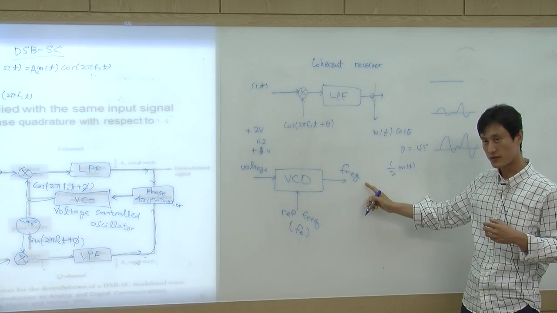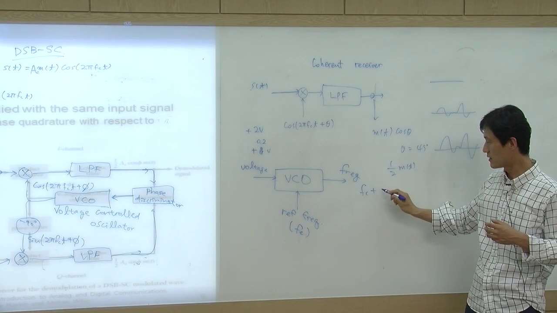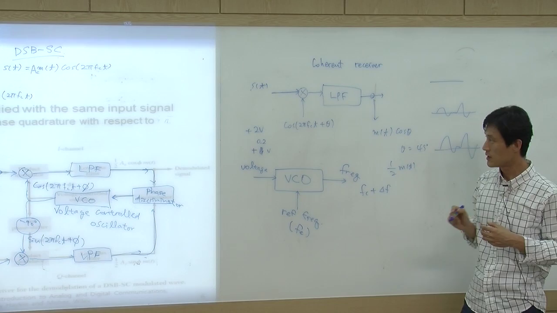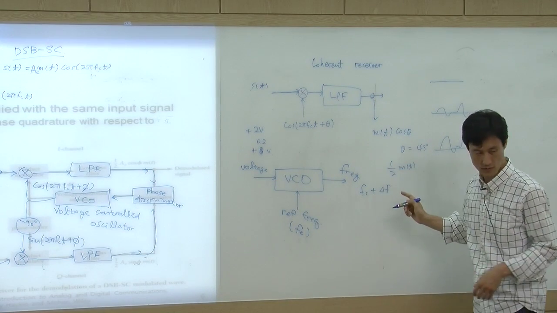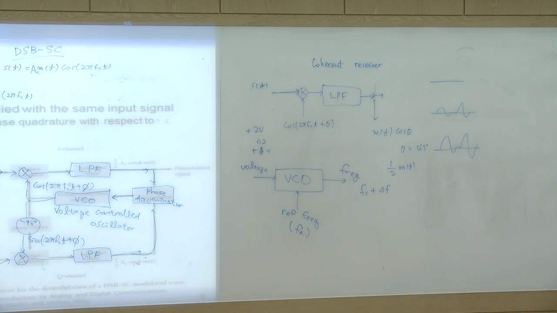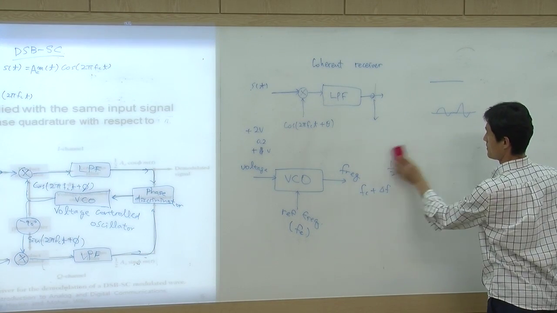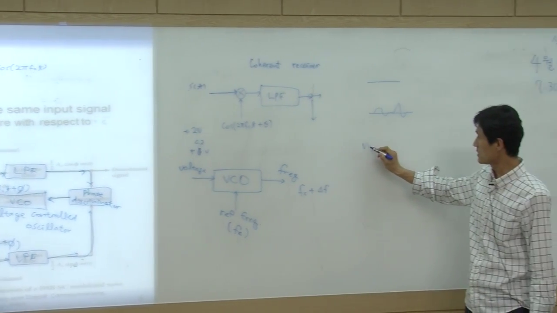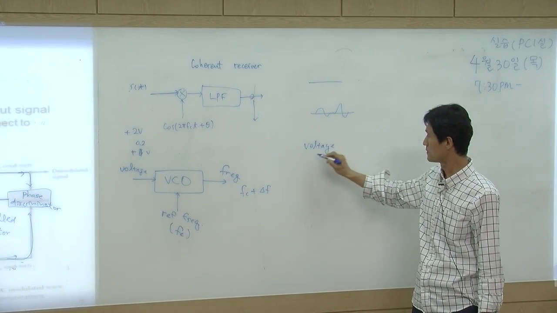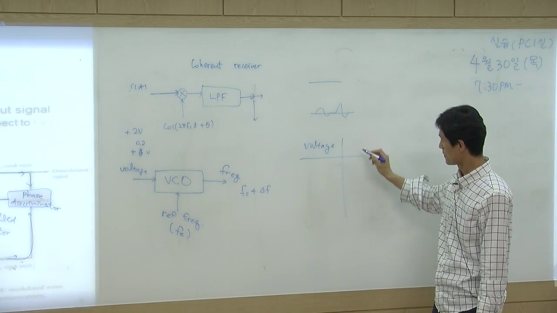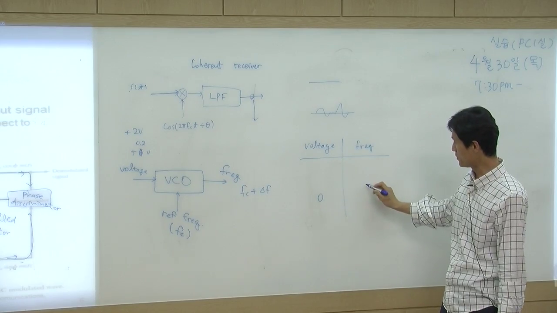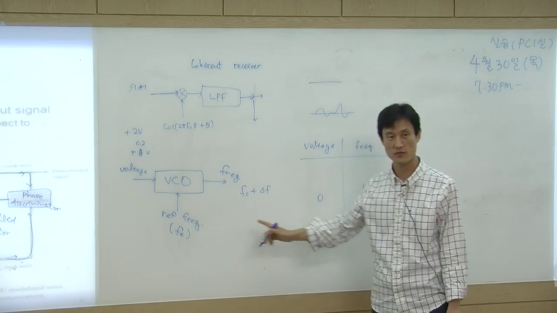Now the output is going to be a little bit higher frequency. Let's put the input-output relationship here. This is the input voltage, and you have an output frequency. If the input voltage is 0, your output frequency is the same as the reference frequency.